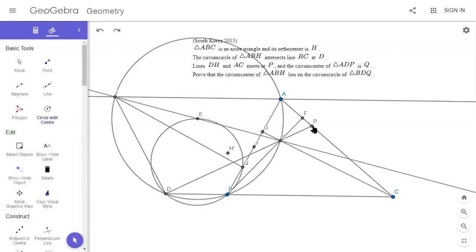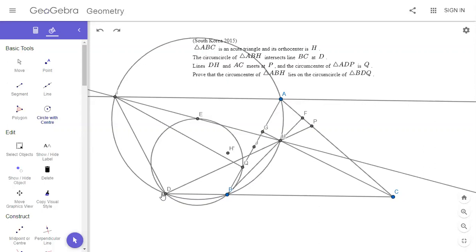In fact, I wonder if point I is even necessary here. Okay, so is DAC isosceles?